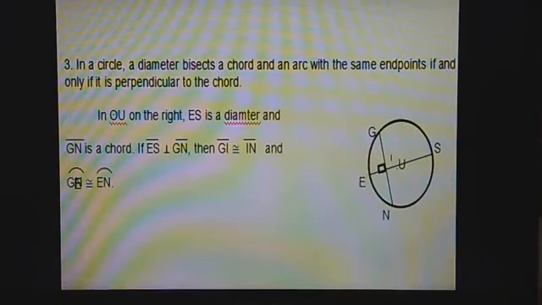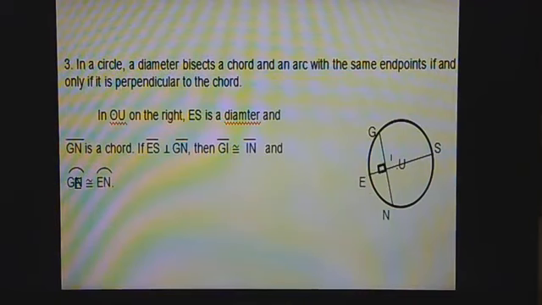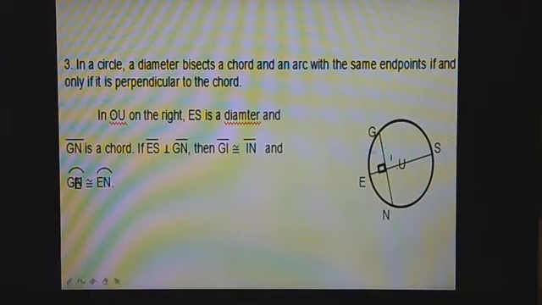Next, number 3. In a circle, a diameter bisects a chord and an arc with the same endpoints if and only if it is perpendicular to the chord. So in the illustration, ES is the diameter. It intersects chord GN and arc GN. So at the point of intersection of diameter SE and chord GN, it forms a perpendicular line.